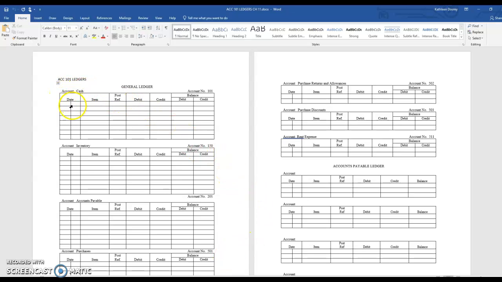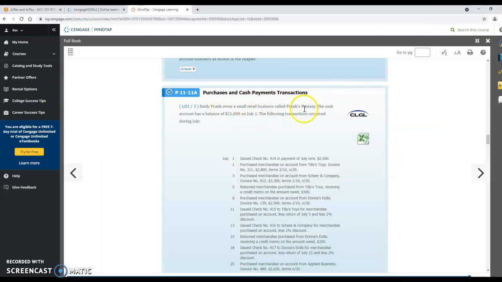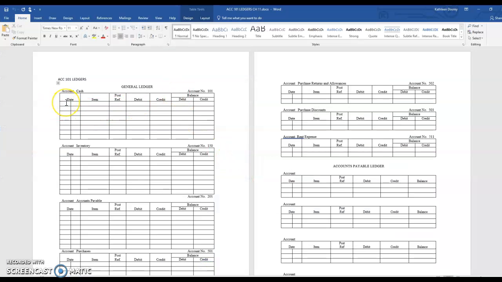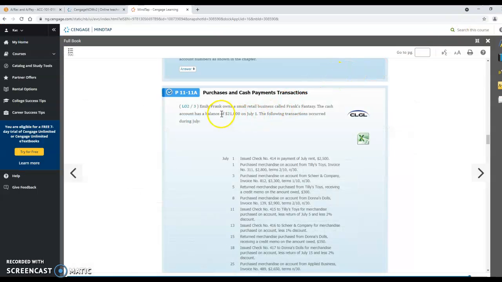And here in the cash, I didn't look at the date here. Let me see. This is for July the 1st. So here for July the 1st, beginning balance, and that was $21,000.